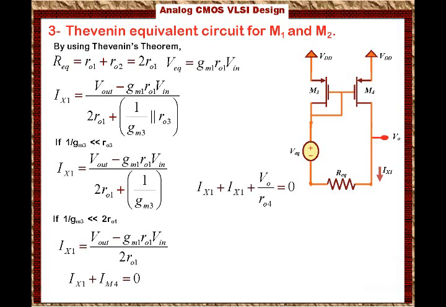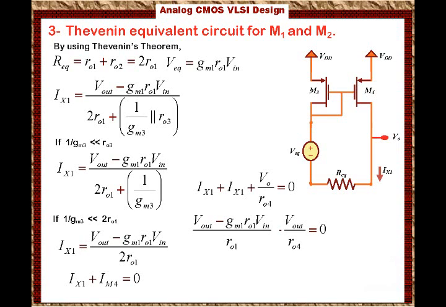Now we can substitute for Ix1 in this equation, so we have V out minus GM1 times RO1 times Vn over RO1, plus V out over RO4, equals 0.